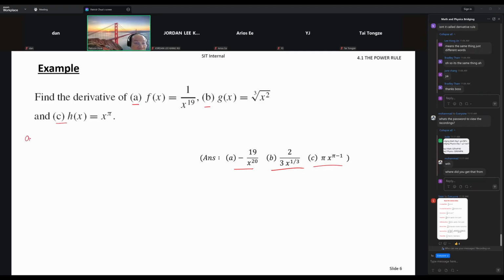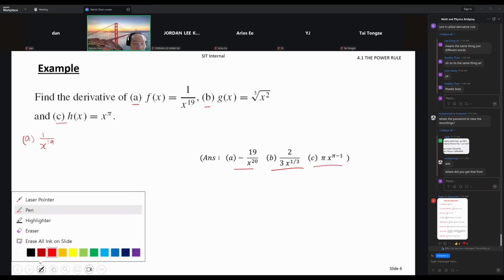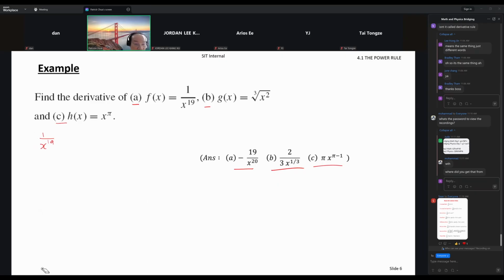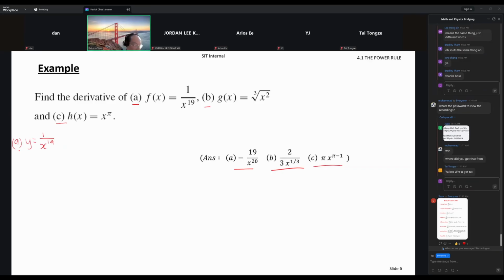Okay, A. For A, you have 1 over x to the power of 19. In other words, you maybe like to put it this way, in a way that you can understand. This is f(x). I change f(x) to y, easier for you to understand.